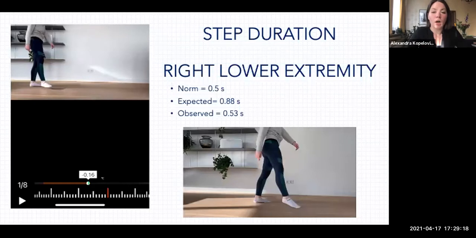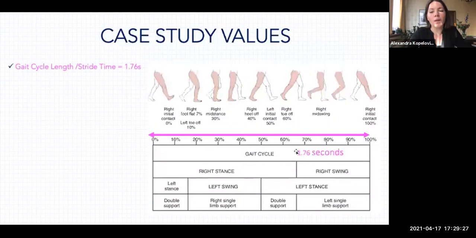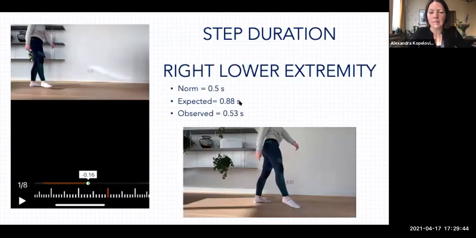So how did I calculate 0.88 seconds? For our patient, we're going to go back to the slide right here. It takes 1.76 seconds to complete the entire gait cycle. So 1 step for our patient should be half of this 1.76 seconds. So this is where the value of 0.88 seconds comes into play.